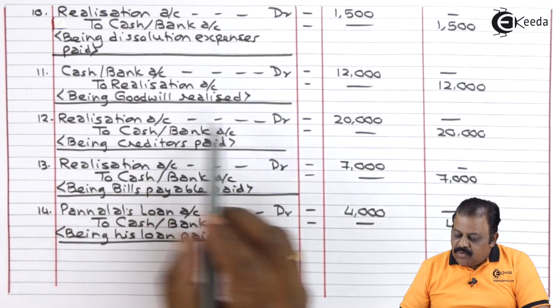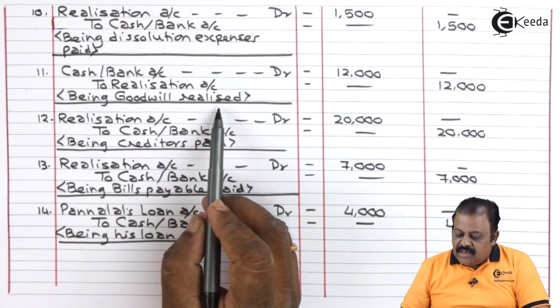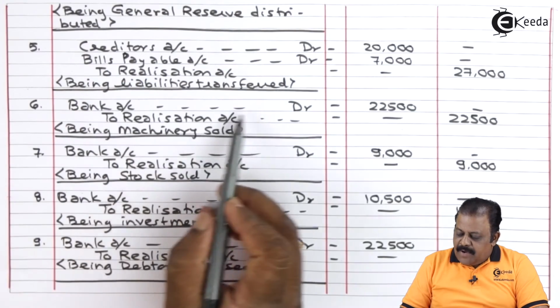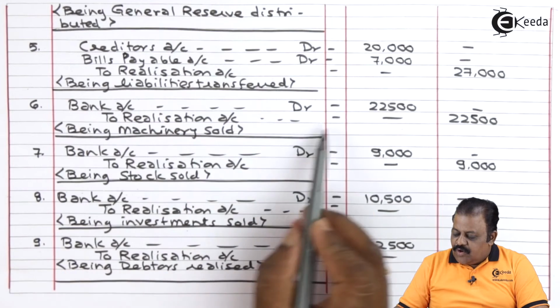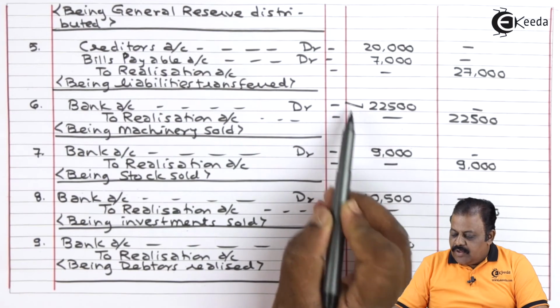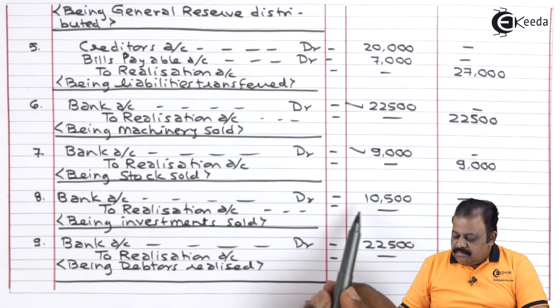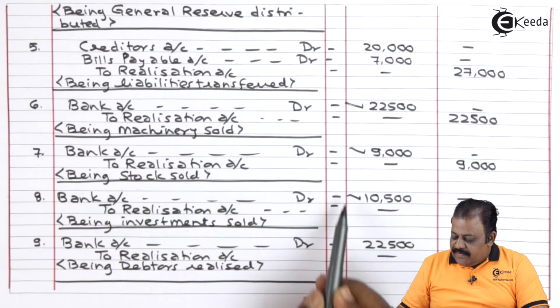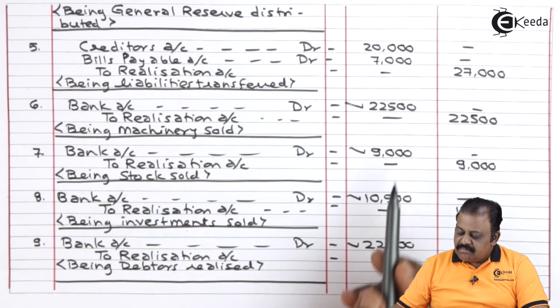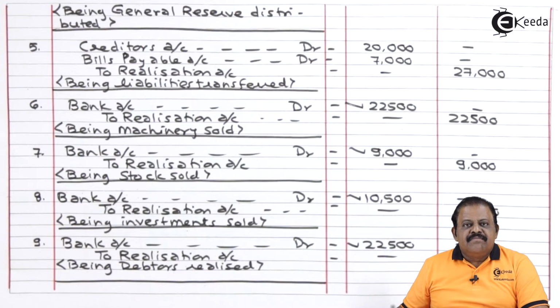This is for amount received for goodwill realized. Cash bank account debit to realization account for machinery sold 22,500, 9,000 for stock sold, investment sold 10,500, debtors realized 22,500. These values will be credited to realization account.